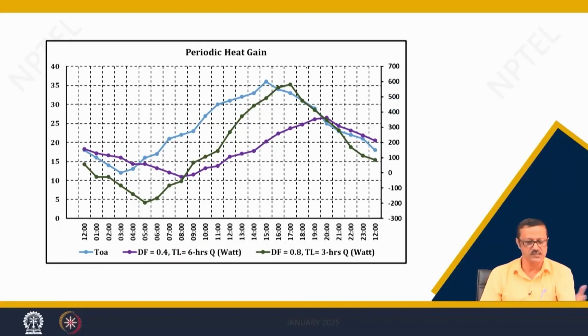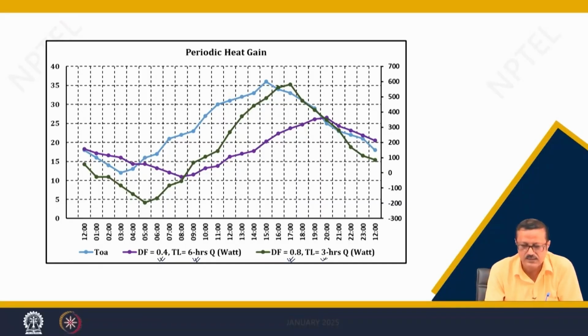One combination is the last combination, which is 0.4 is the DF, which is the purple color curve, and 6 hours is the TL, the time lag, and the second one, the dark green color, where I have used a DF of 0.8. So, it is a thinner material, 0.8 and 3 hours of time lag.